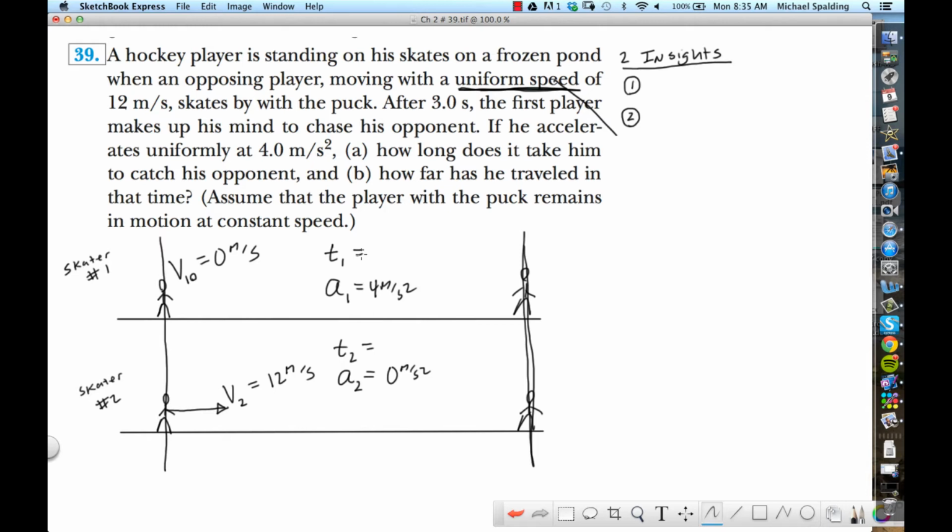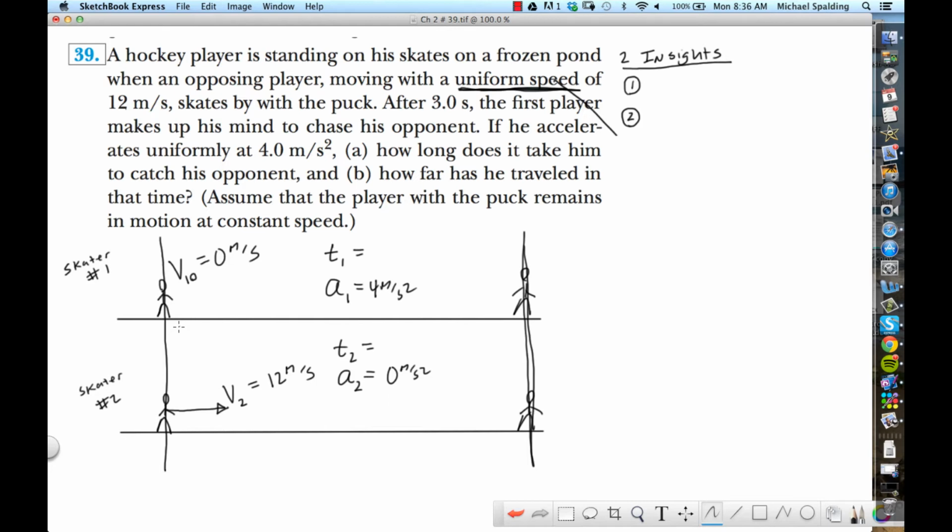They're not equal. Which skater is in motion for a longer period of time? Skater 2, right? Because what is skater number 1 doing for the first 3 seconds? Standing there. He's not moving. For the first 3 seconds, skater 1 is standing there. During that 3-second period, is skater number 2 moving?